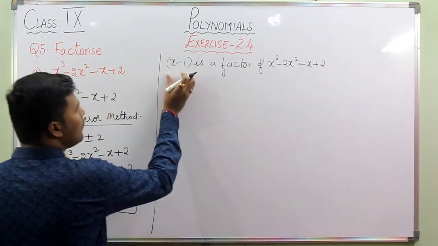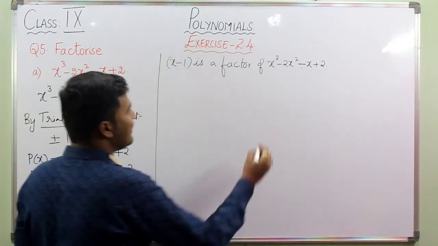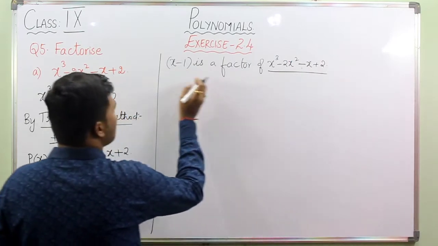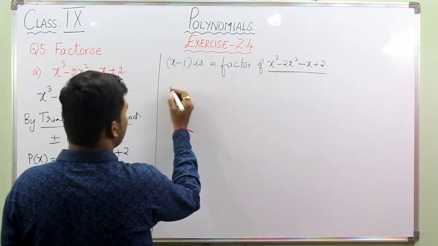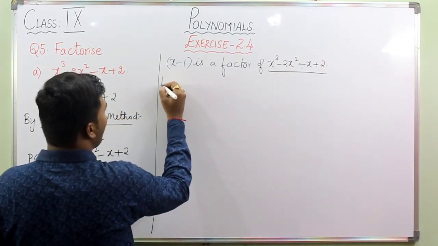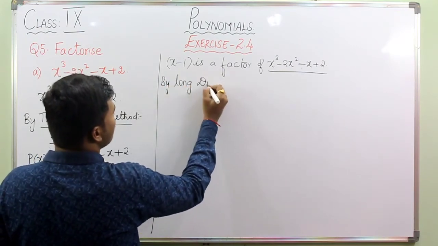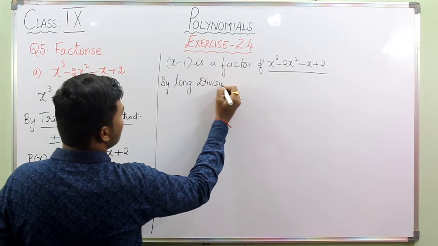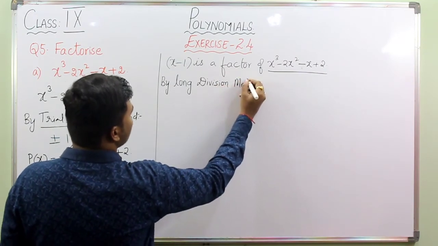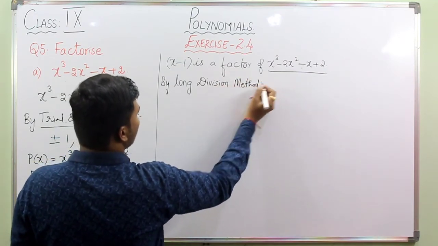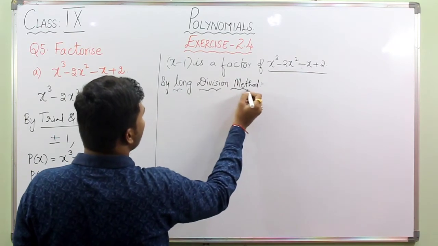So now in order to get the remaining factors, we will divide p of x by this x minus 1. Okay, we will do it by the long division method.